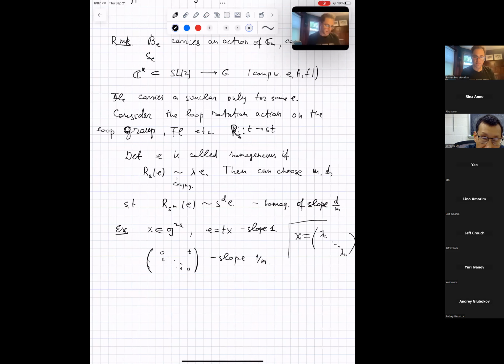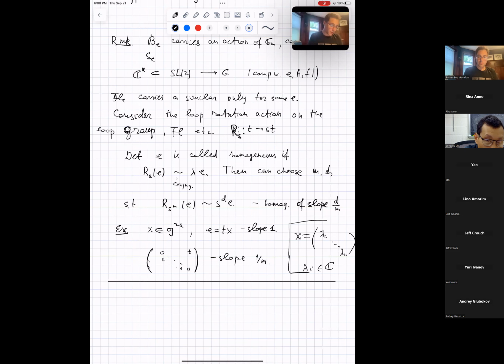Okay, this is better. So lambda_i are in the base field and constant. This is the kind of example for SL2 that I gave before.